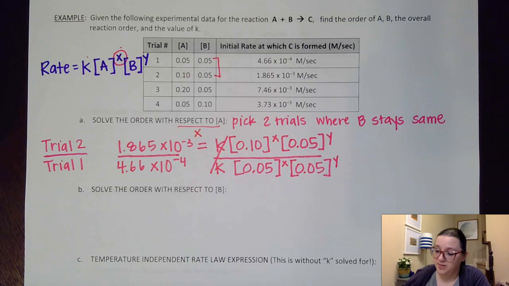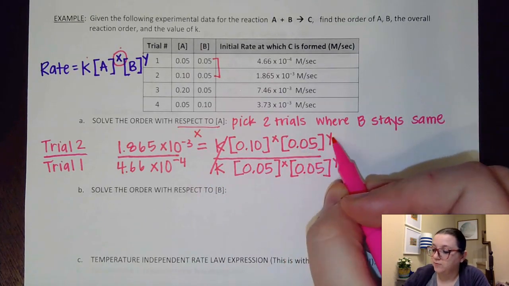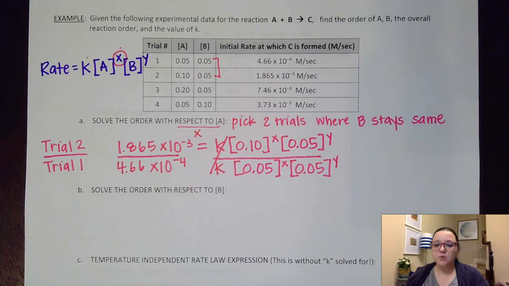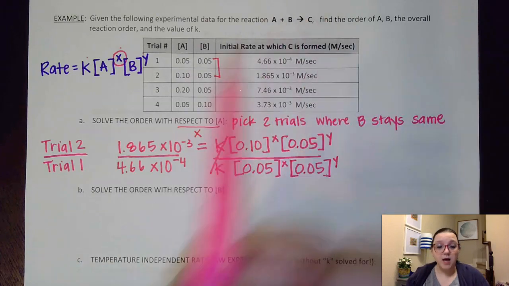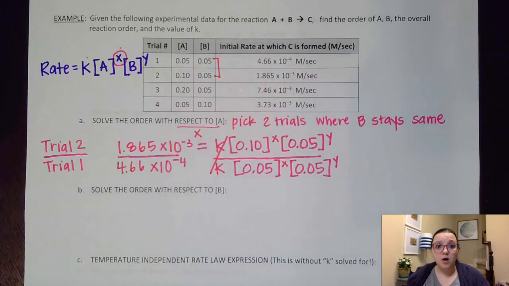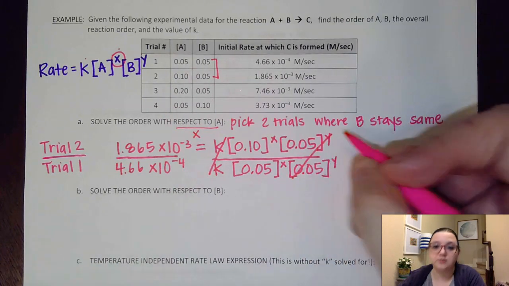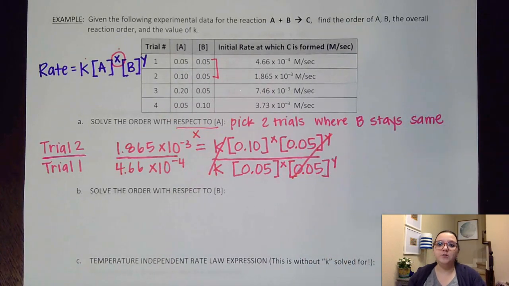The other thing that will cancel is 0.05 to the Y and 0.05 to the Y. Regardless of what Y is, we know it's going to be the same. The order is the same for this reaction overall, regardless of what concentrations I'm using. And so therefore, this will also cancel out, which was the whole goal of picking 2 trials where B stayed the same. So look what this leaves us with.